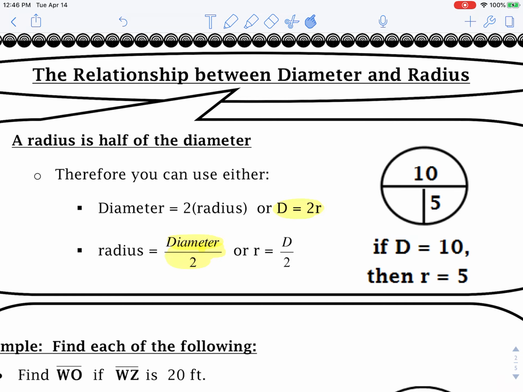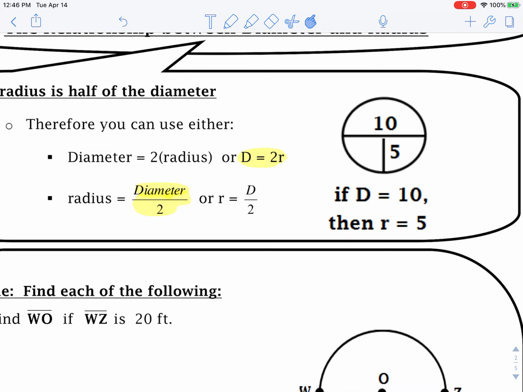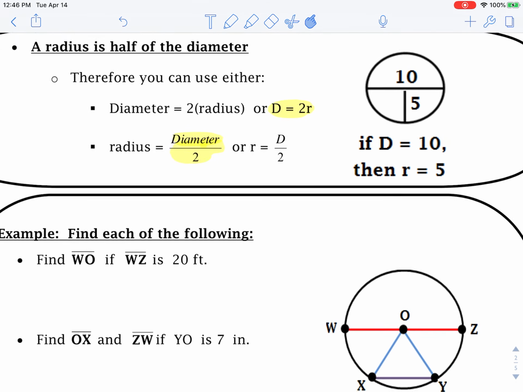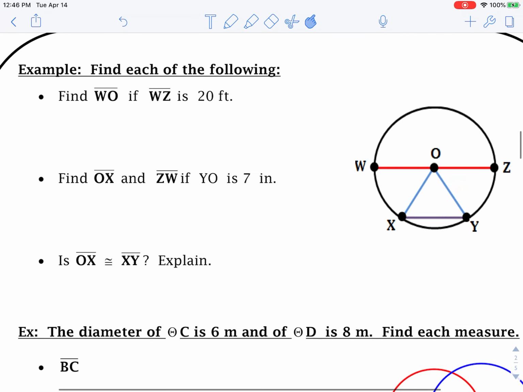So if the diameter is 10, then the radius is 5. Or if the radius is 5, then the diameter is 10. So find each of the following. Find WO if WZ is 20. WZ is a diameter, so the radius equals the diameter divided by 2.